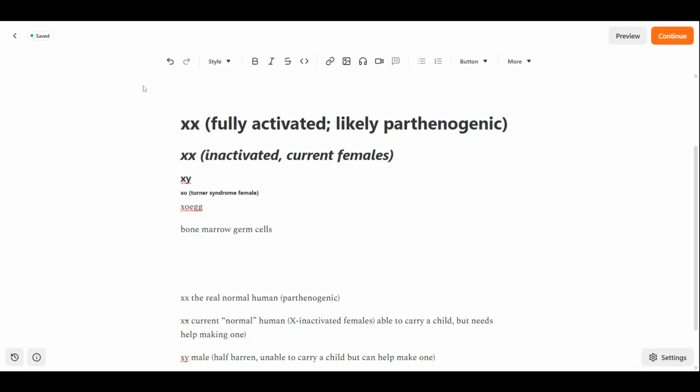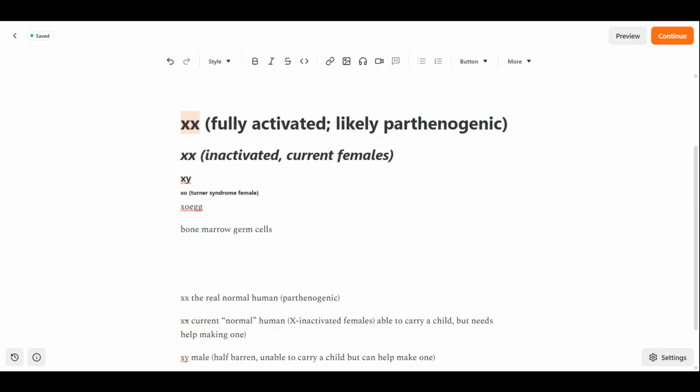But one of the quality control steps that has to happen is that it has to check for three things actually. It has to make sure that it has XX, which means it has to check that it doesn't have a single Y. It has to check that it doesn't have more than two X's.